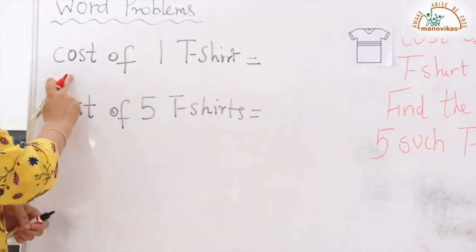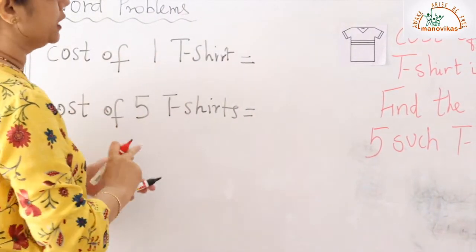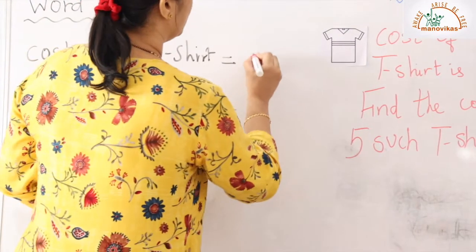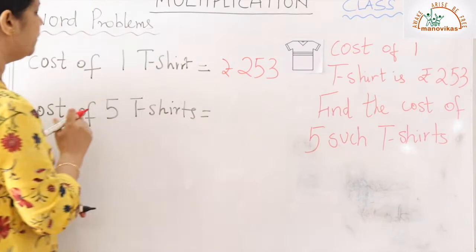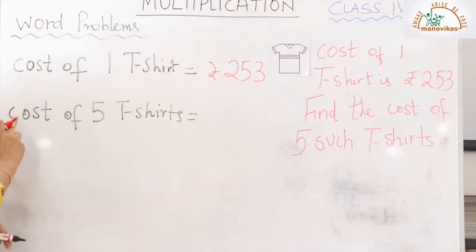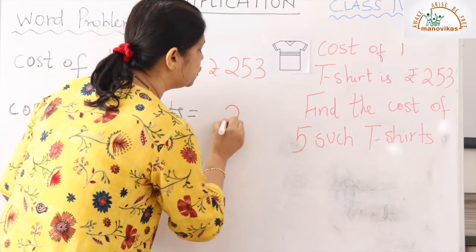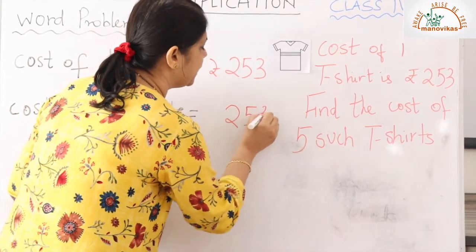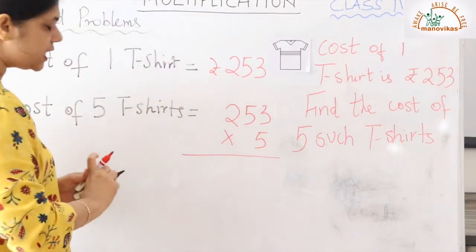First, we will write the word statement. Cost of one t-shirt. How much is the cost given? Rupees 253, right? Now you need to find the cost of 5 t-shirts. Now for the cost of 5, what are you going to do? 253 multiplied by 5. So let us do it fast.